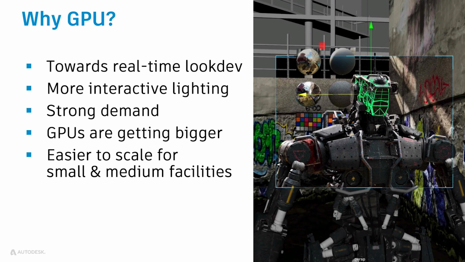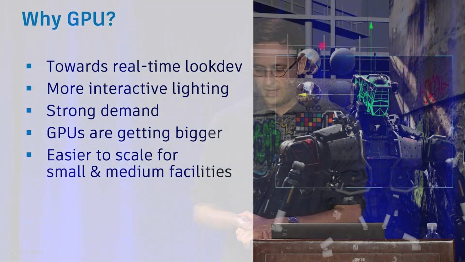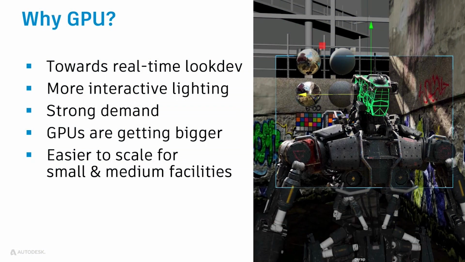The first thing is that workflows are moving towards more and more real-time and interactive look development and lighting. People want to do things in a viewport and as fast as possible. Another reason is that everybody has been asking for it for the past 5 years, and we listen to our users. GPUs are getting bigger.